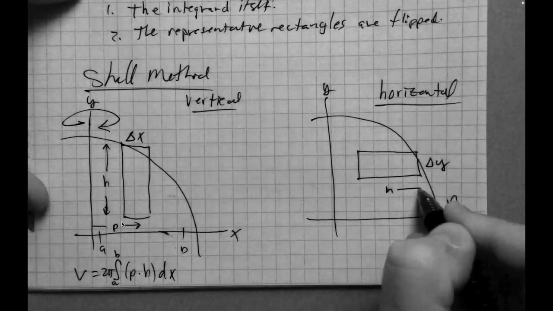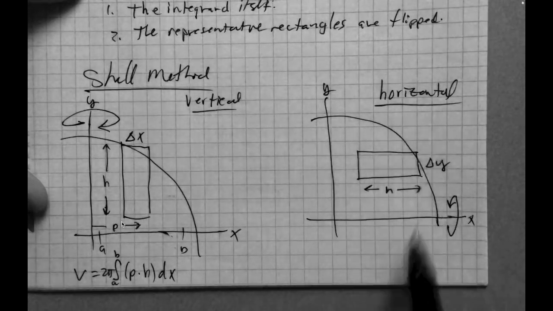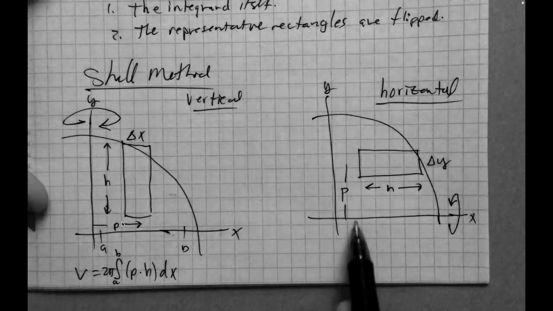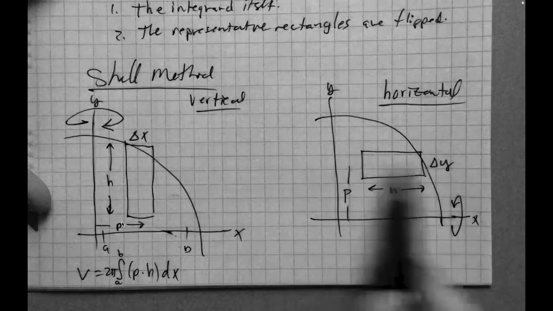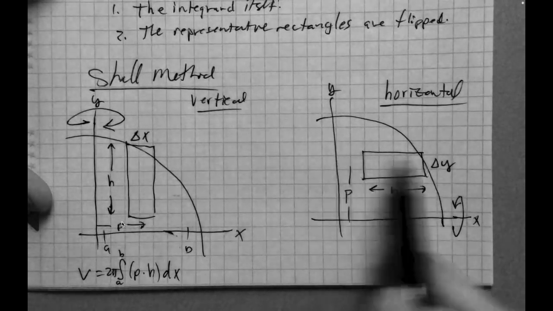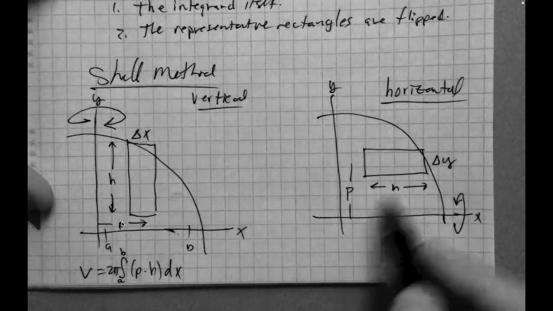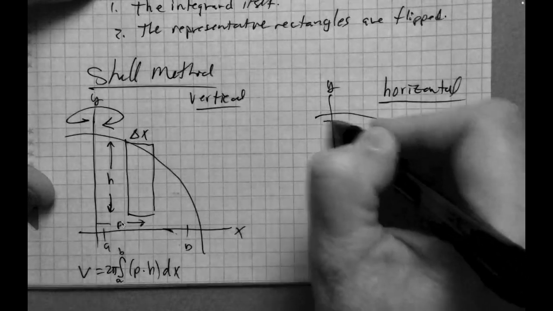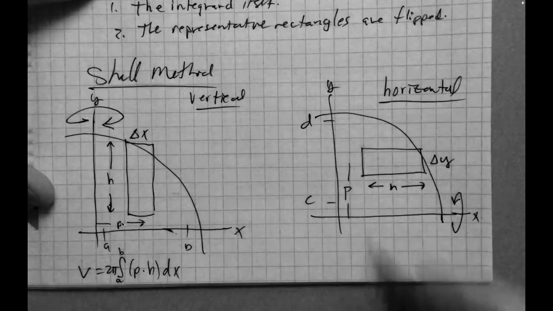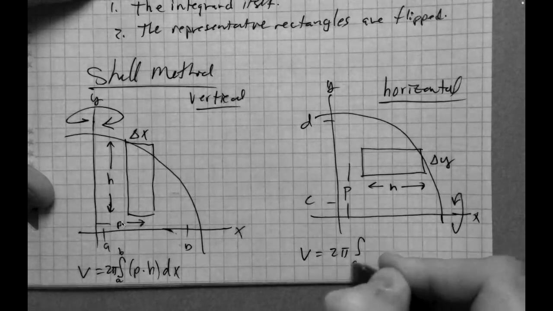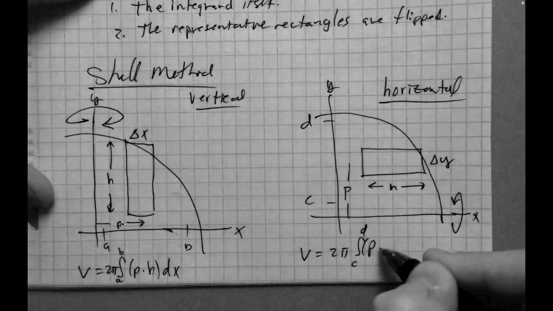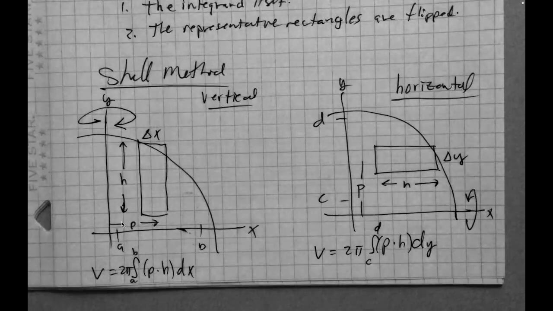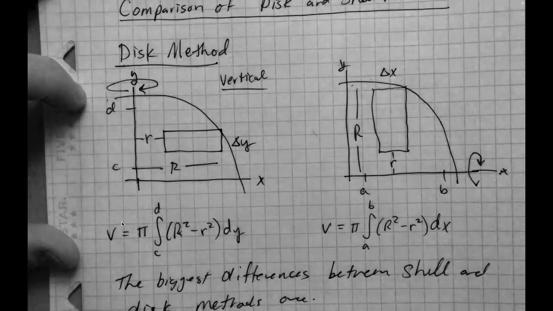We're going to have some h function, which is a function of y, and we're going to have some p function, which tells us the average radius from the center of the shell, right? It's going to be basically the radius from the center of the shell to the axis of rotation. And that's also going to be a function of y. Okay. Right, so if you have a region c to d, then the volume there would be 2 pi times the integral from c to d of p times h dy. All right. So these are totally different.